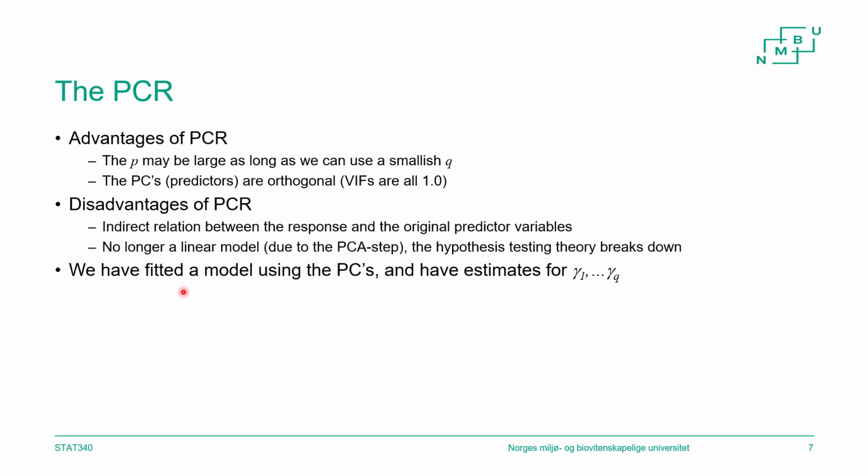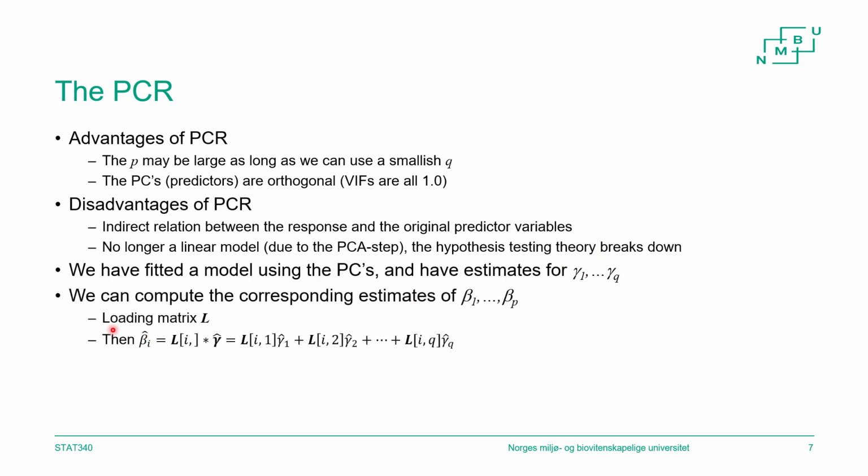We have fitted a model using the principal components, and we have the estimates for these regression coefficients, one for each principal component. Then we can compute the corresponding estimates for the original ones, directly, just like that, because we have this loading matrix.